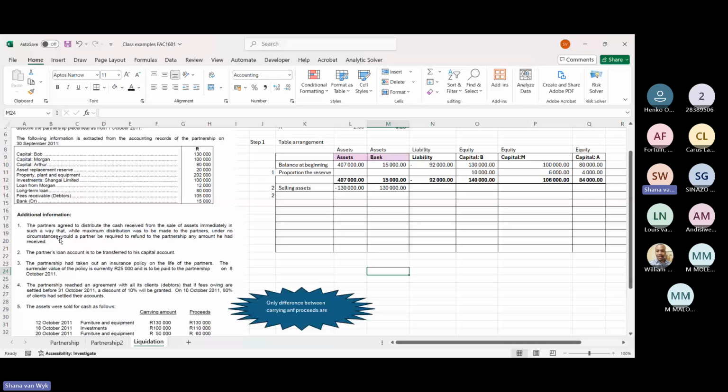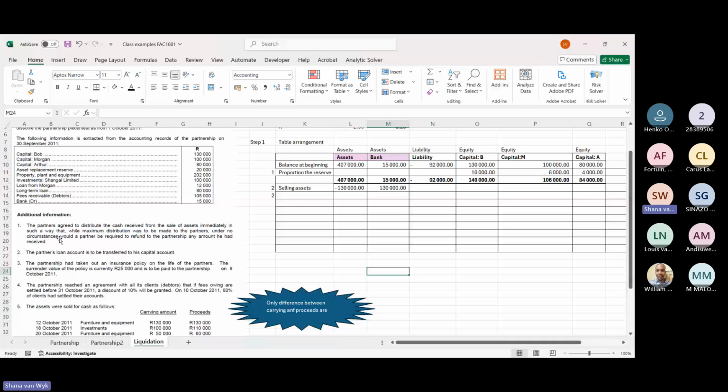Okay, let's quickly do number 4 before we pay off the things. So a discount of 10% will be granted, and on the 10th of October. Okay, so the amount that we received, I'm just going to say here, debtors settlement. So we know that we are receiving money.